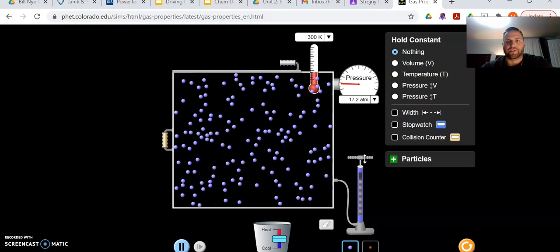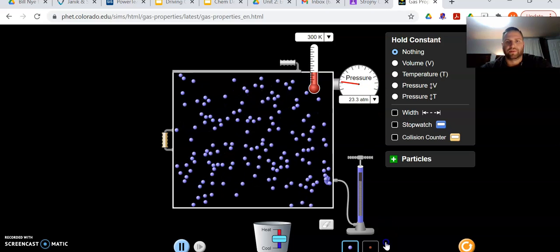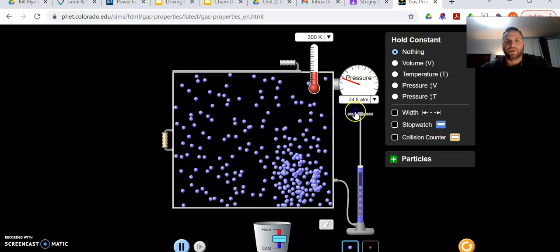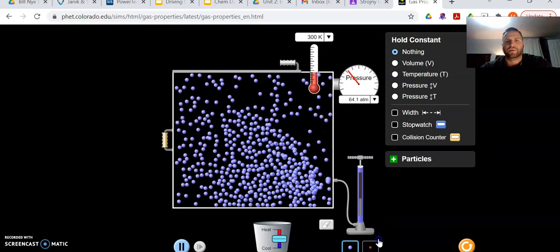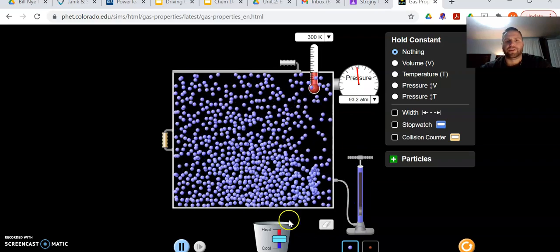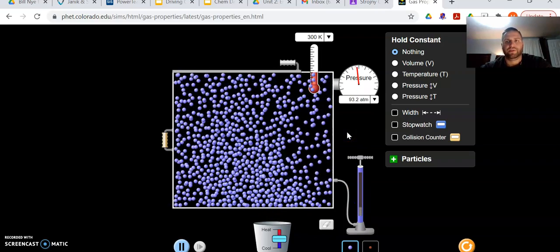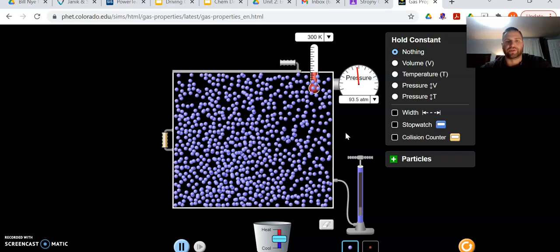I will continue to pump this up and down, and please watch the pressure gauge as I do so. We'll see what happens. Notice that with every pump of particles, the pressure gauge increases. The more crowded it gets, the higher the pressure under these experimental conditions.